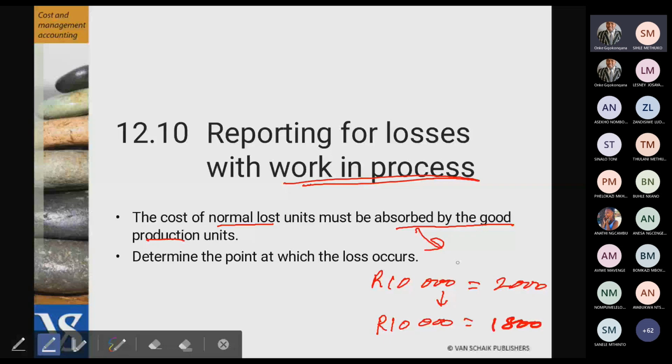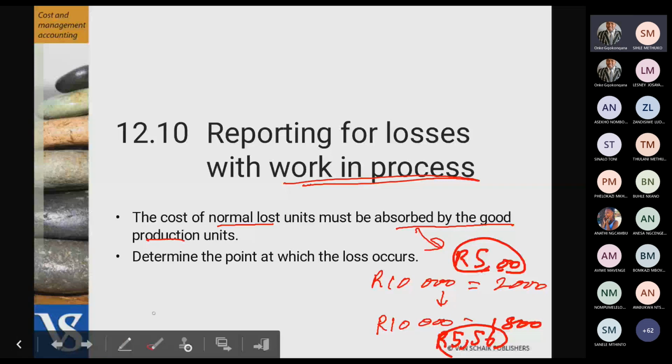So you'll see your cost per unit is going to increase a bit to 5 rand 56, if you want to do that rounding. So that's how we absorb the cost of the normal loss units. You probably still remember that, because we did talk about this.